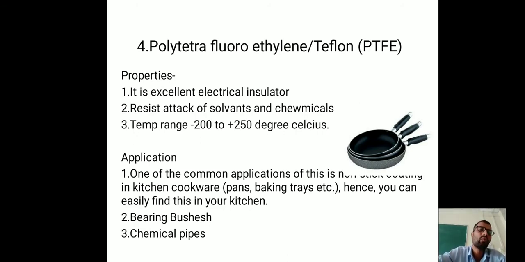While cooking, we handle this pot with the help of a handle. Correct? And friends, this handle is made up of plastic material, PTFE or Teflon material. That's why there is no chance of the heat. Correct?